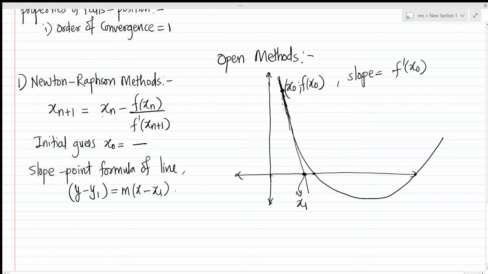x1. Here we know the point x0, so y minus y0 is equal to m into x minus x0.